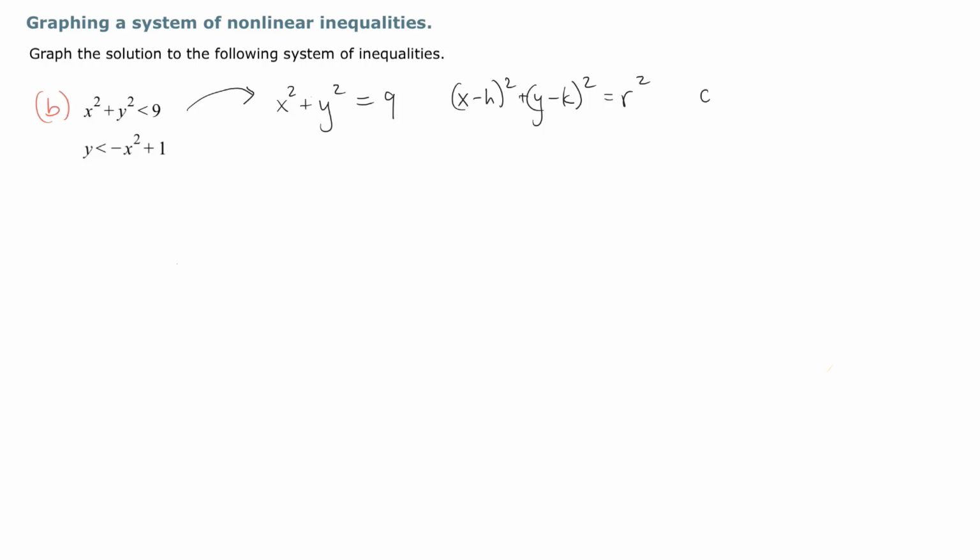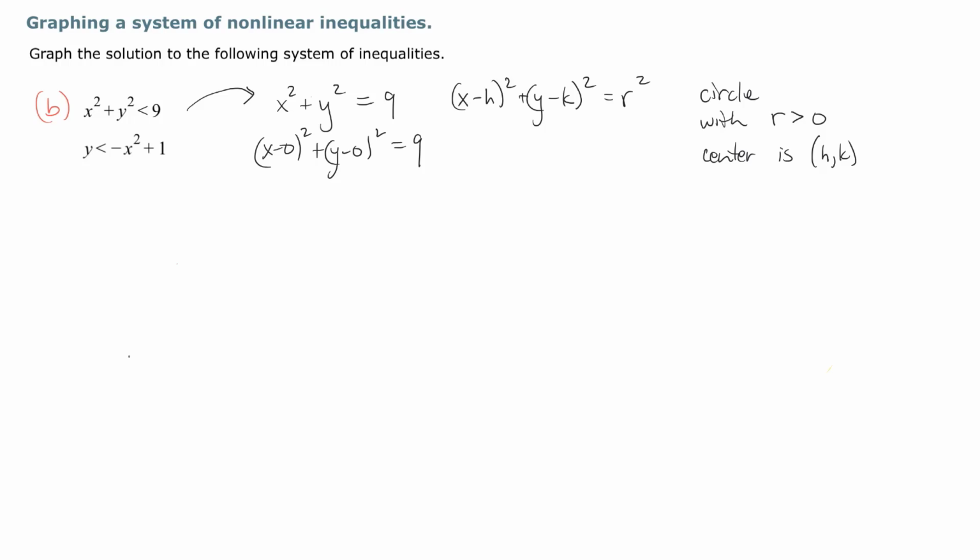So this is a circle with radius r greater than 0. And we also know the center. The center is h, k. In our case, you can totally see that it's x minus 0 quantity squared plus y minus 0 quantity squared is equal to 9.